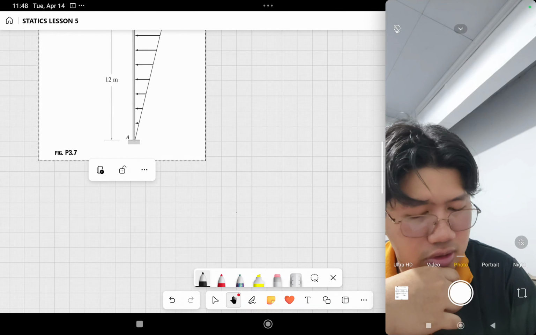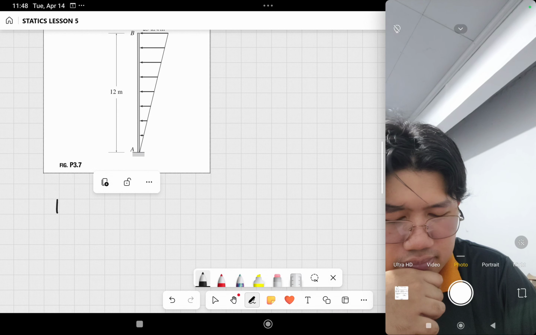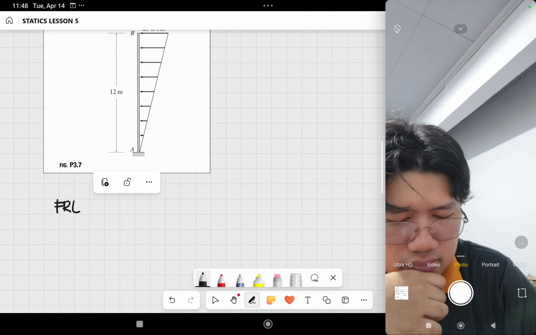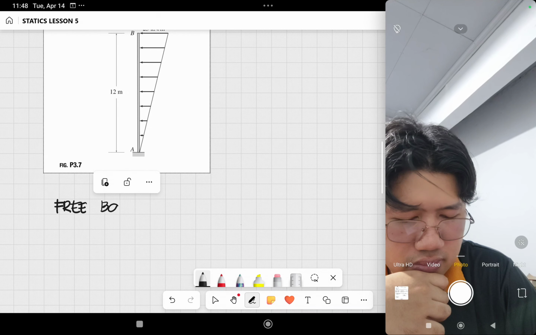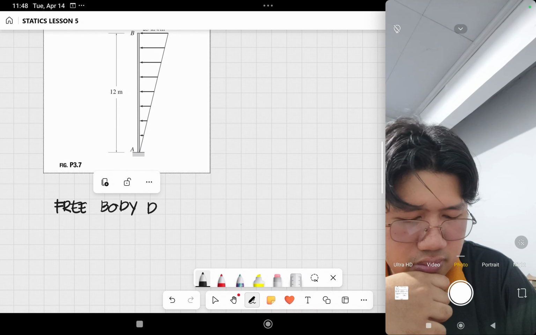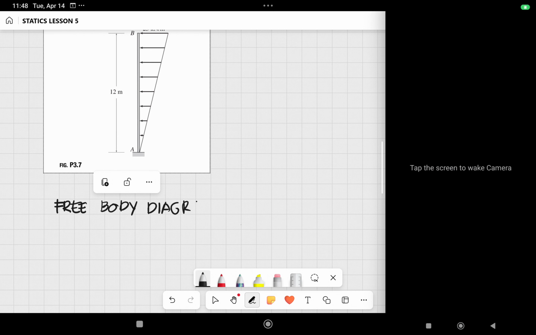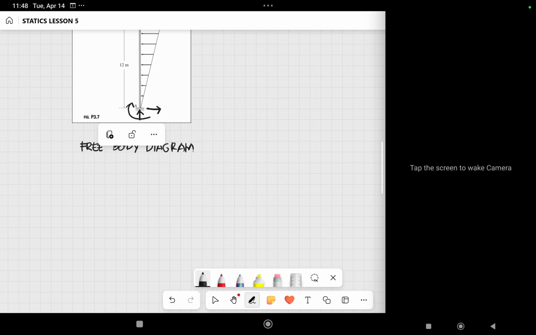Okay, so first, draw the free body diagram. Again, sa fixed support, dapat you have a vertical, a horizontal, and a moment. So yun yung re-reflect din natin sa ating free body diagram.